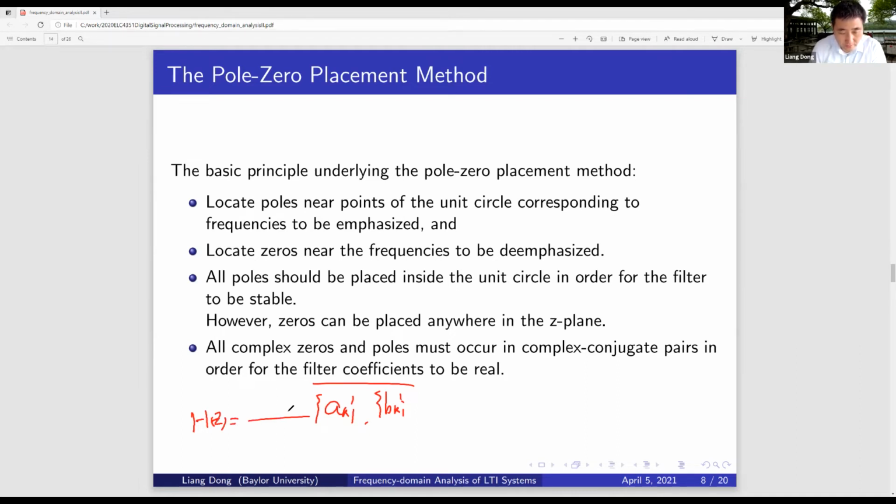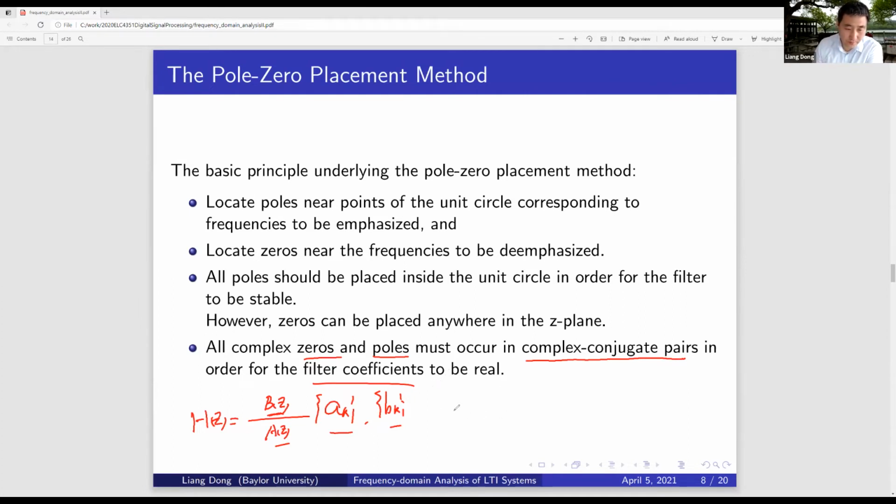We got a polynomial here, and the coefficients of the numerator are the B's, the coefficients of the denominator polynomial are the A's. If all these polynomials have real coefficients, then I need to have zeros and poles either on the real axis, or if they are complex, they have to appear in complex conjugate pairs.